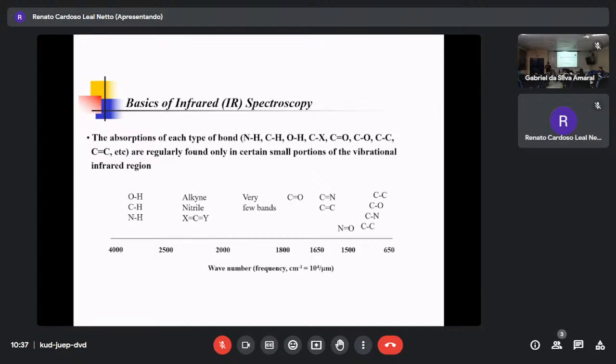I told you IR is not really mandatory, because most of the information can be obtained by NMR or mass or whatever. But one functional group is still important. What is that? This range.